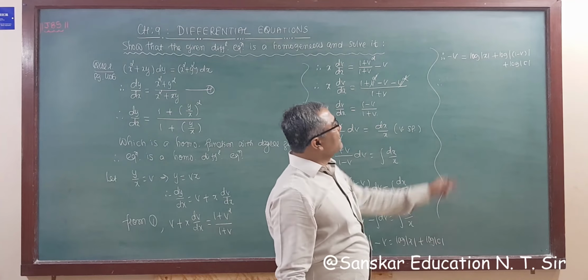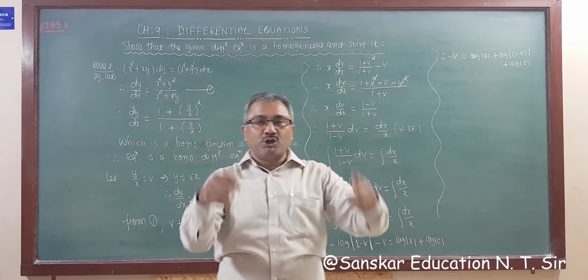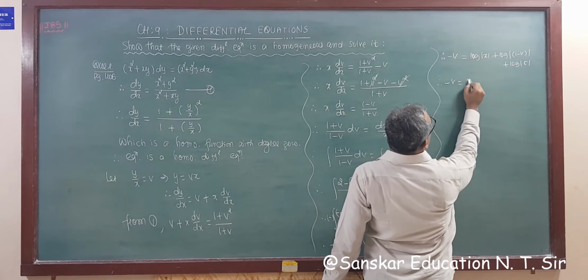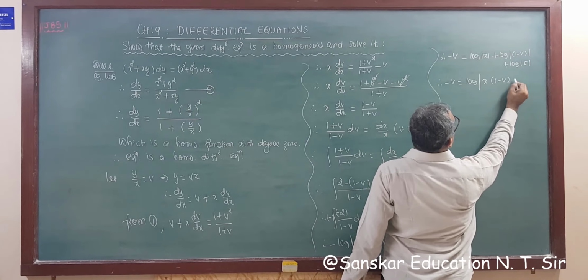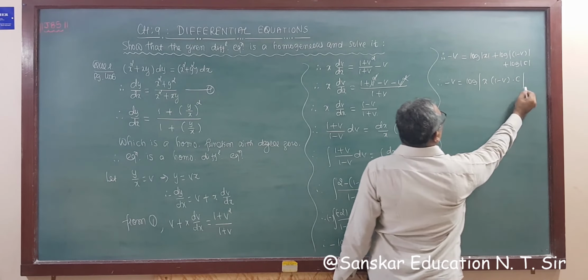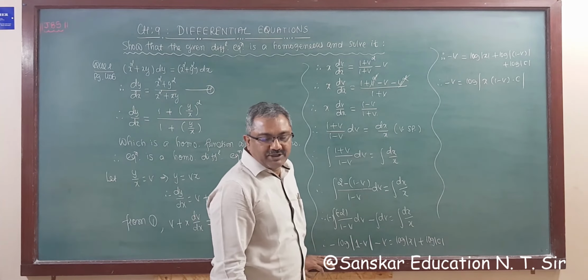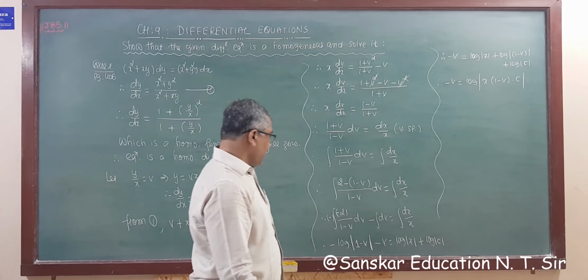Now this is log a plus log b plus log c is log a into b into c. So we get minus v is equal to log mod x into 1 minus v into c. Got it? Any problem? Okay.